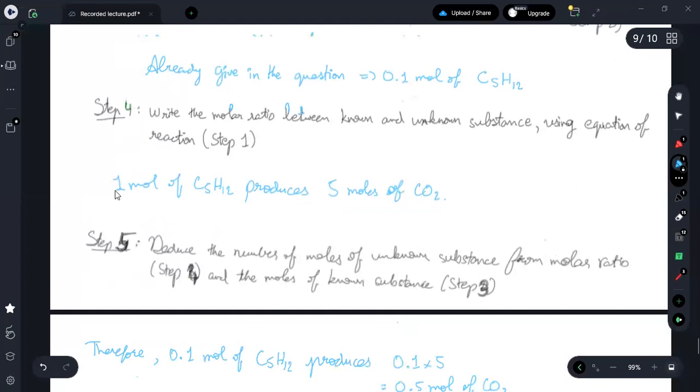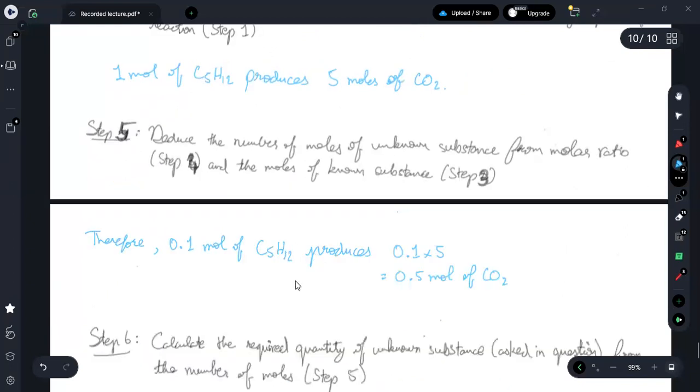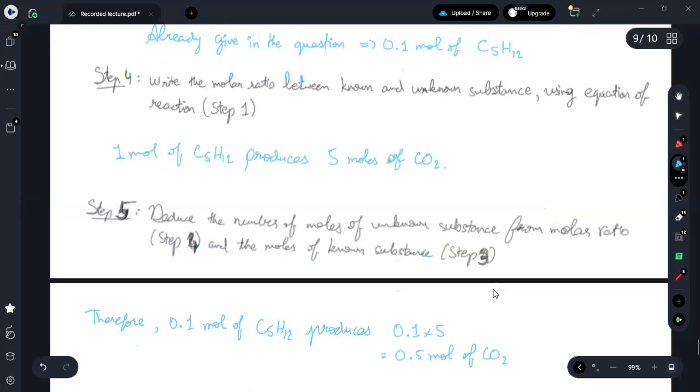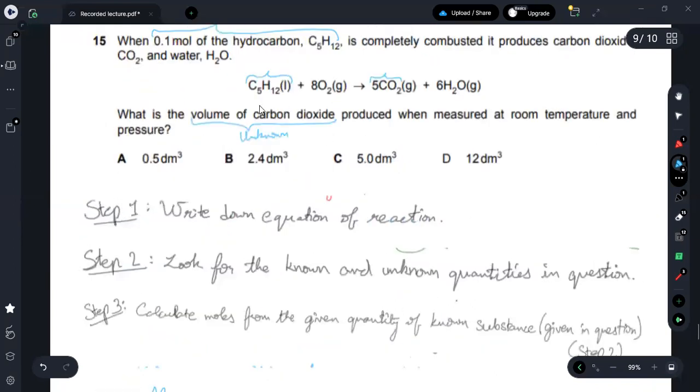If we change this to 0.1, we will have to do 5 times to find the moles of CO2, as the ratio is 1 is to 5. So for 0.1 mole of C5H12, we do 0.1 multiplied by 5, and that gives us 0.5 mole of CO2.